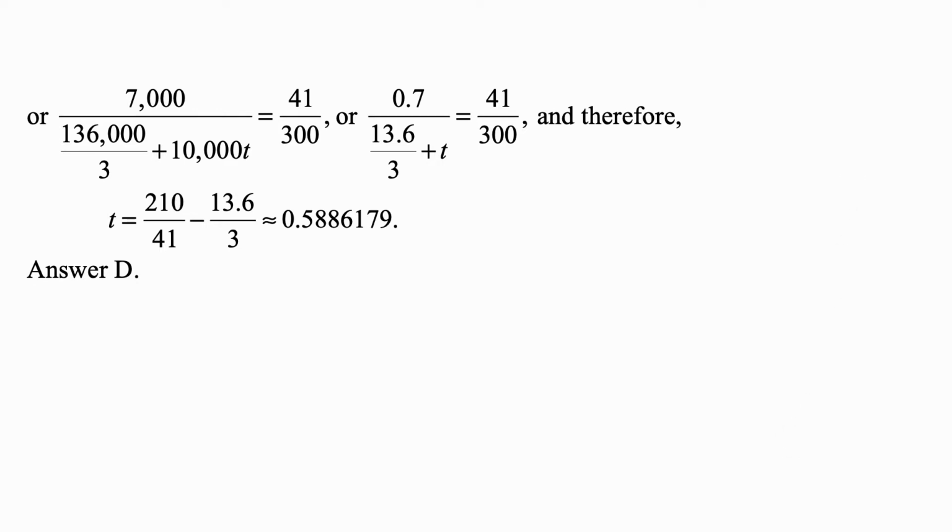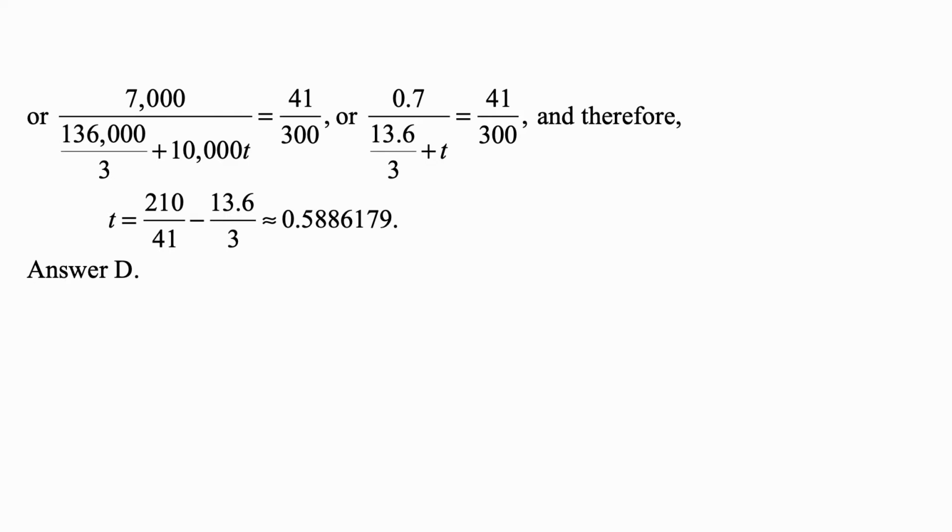We obtain 7,000 over 136,000 over 3 plus 10,000 t is equal to 41 over 300. Or, dividing everything by 10,000 top and bottom, 0.7 over 13.6 over 3 plus t is equal to 41 over 300, and therefore t ends up being equal to 0.7 over 41 over 300 minus 13.6 over 3.